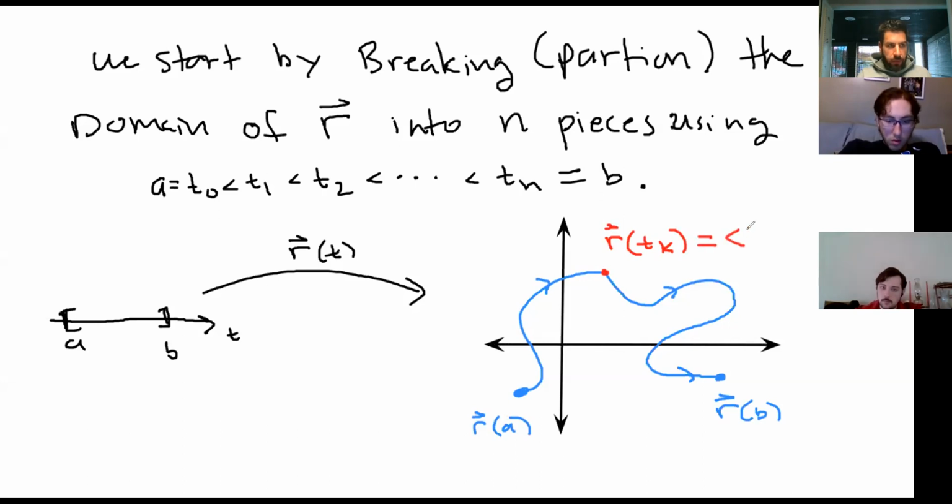Well, this is x evaluated at t_k, whatever that number is going to be, comma, y evaluated at t_k, whatever that number is going to be. Does anybody have a question?